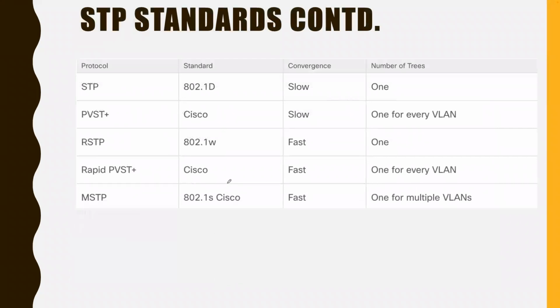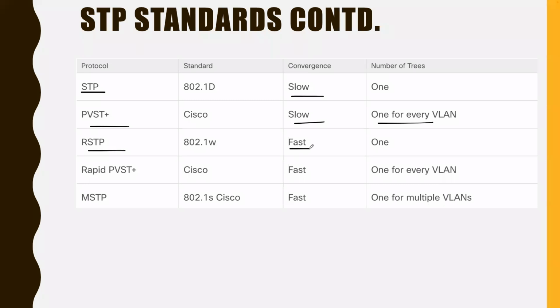We'll go through a few details in our lab topology also. But before that, I want to tell you that common spanning tree was the initial one, which is slow since its timers are long. In per VLAN spanning tree, the benefit is one instance for every VLAN, but it is still slow. In rapid spanning tree, we have reduced our port states and timers.